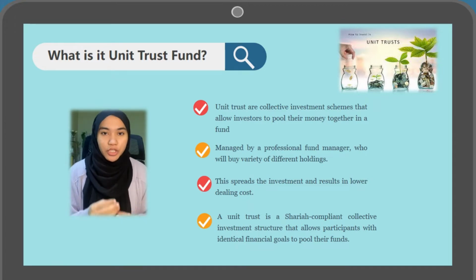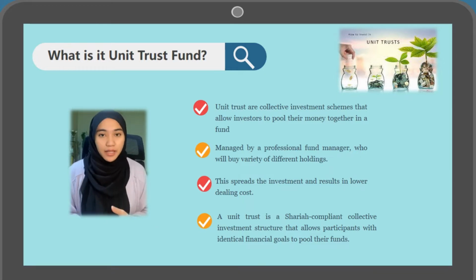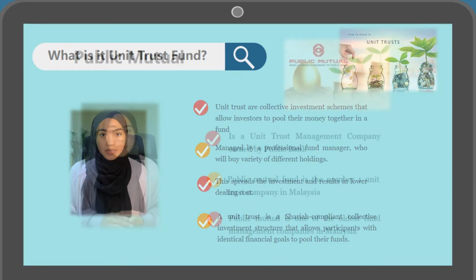A professional fund manager will invest this money in a Sharia-compliant portfolio of securities in accordance with the fund's aim and investment plan. Some aim to produce a regular income while others aim for growth. How they invest determines how much risk they are taking with your savings.